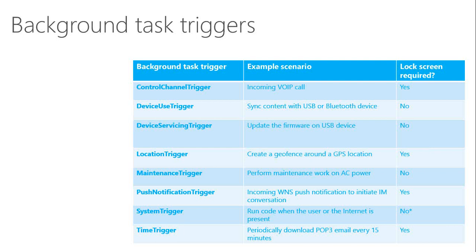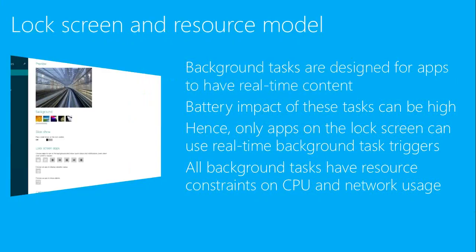System triggers has many triggers under it, and some of those require the lock screen and some do not. Hence, we have put a no with a star for system triggers. For other triggers, it's confirmed whether they require the lock screen or not.